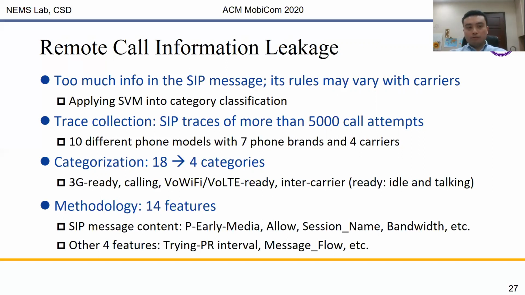We use 14 features to examine which features can be used to differentiate the categories for each carrier. We consider the SIP message content. Then we also consider the interval between two messages, for example, the Trying-to-Session-Progress interval. This is the interval between the Trying and the Session Progress messages. We observe that the interval varies with different call technology and state.